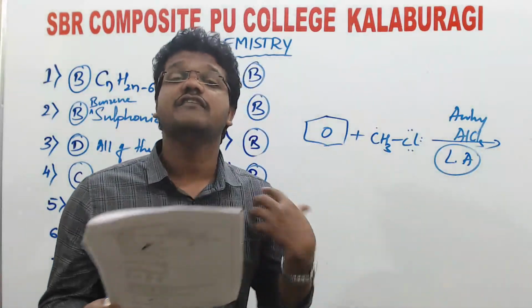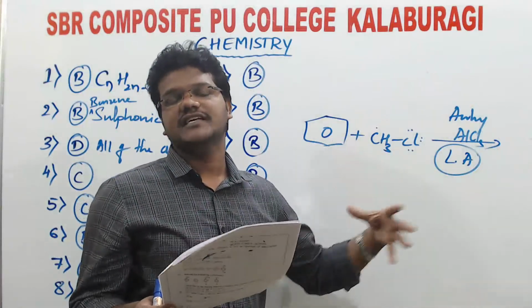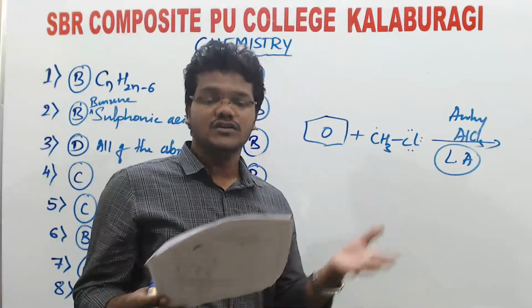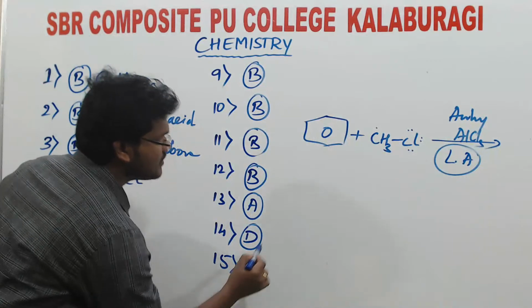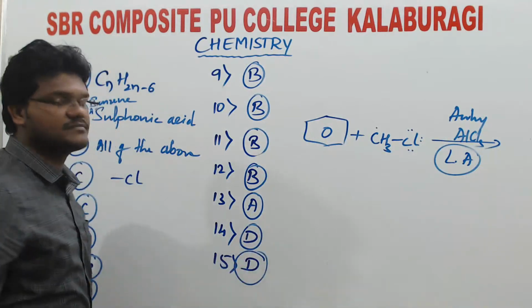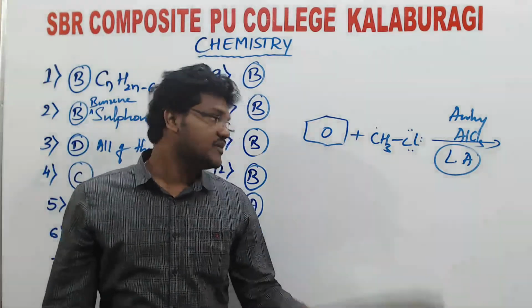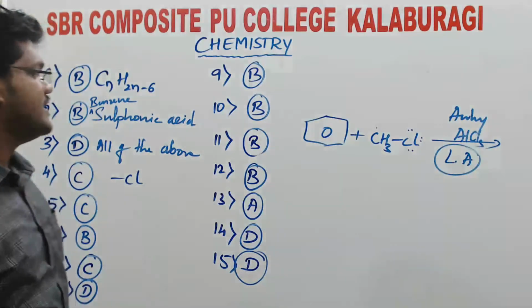Option D, electron deficient, which is nothing but a Lewis acid. The one who accepts is electron deficient. So option D is correct for question 15. Clear? Let's go to the next question.